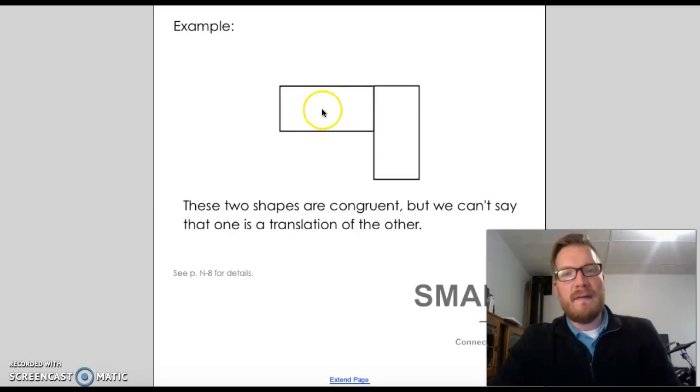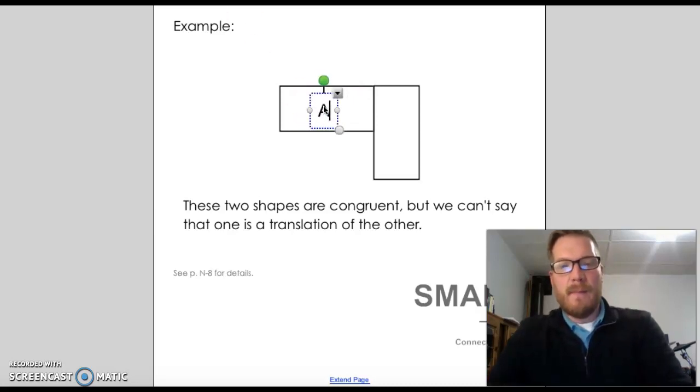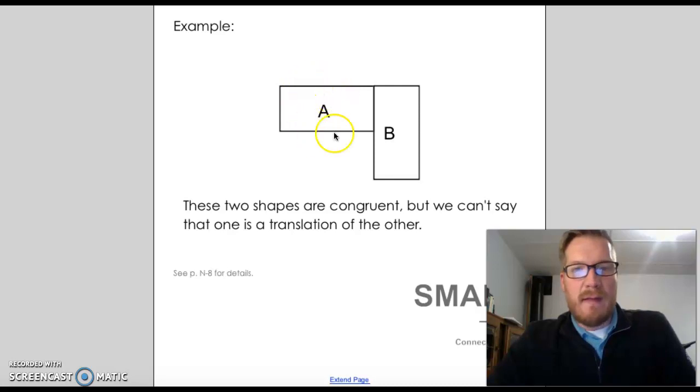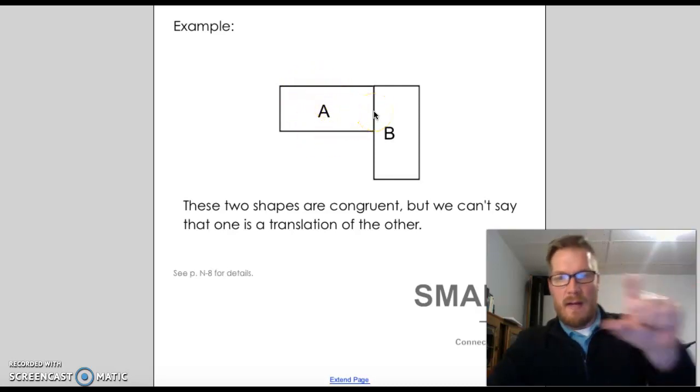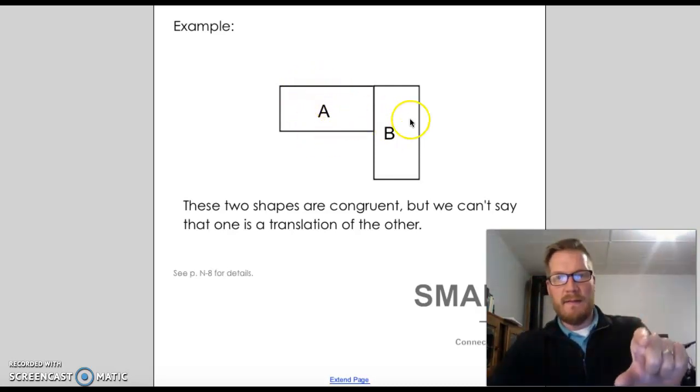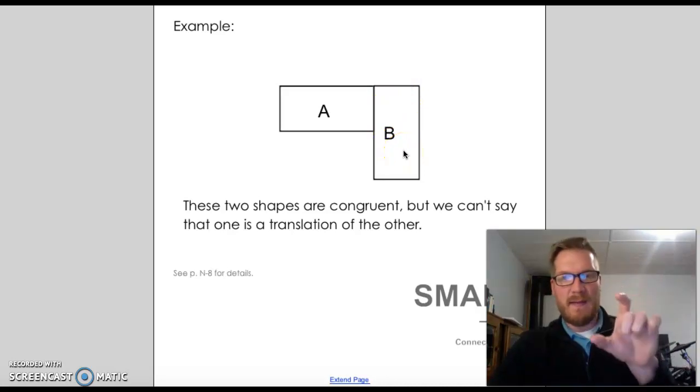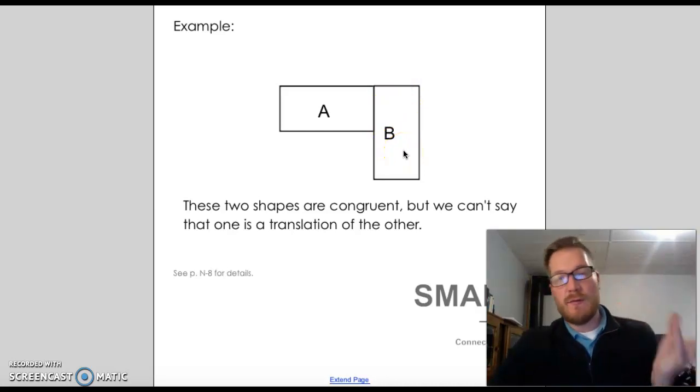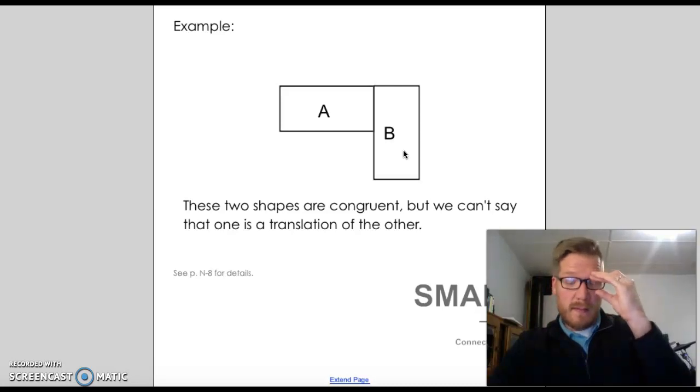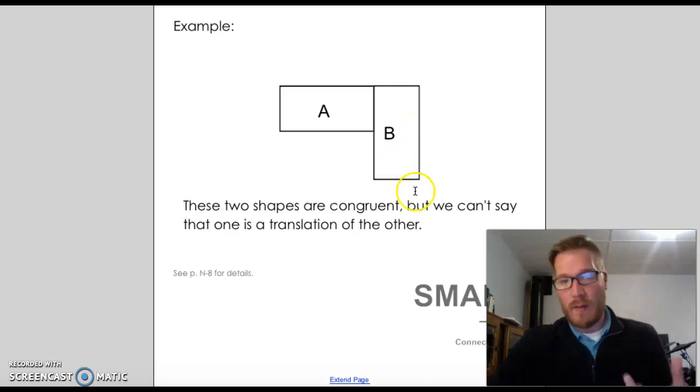If you imagine that this is A and this is B, there's no way to say that you can somehow slide A around either horizontally or vertically so that you can get it to fit completely on B. You would actually need to do at least one other type of transformation. That's the only way it's going to work.